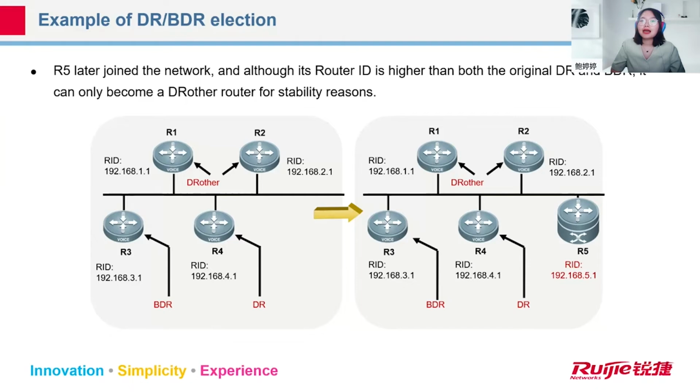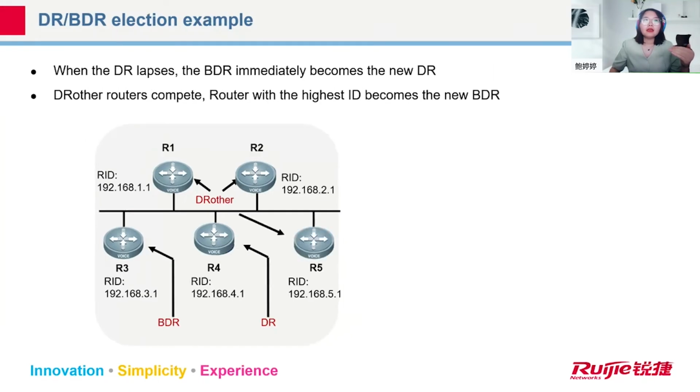DR, BDR, or DR other? Yes, this one should be DR other, right? So this is the principle in order to keep the network stable, okay?